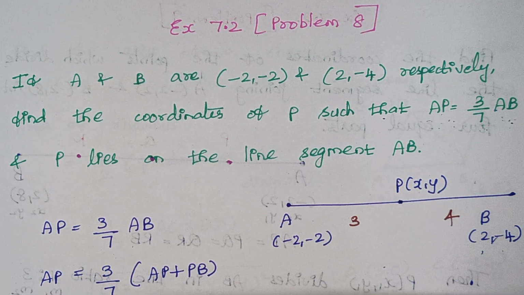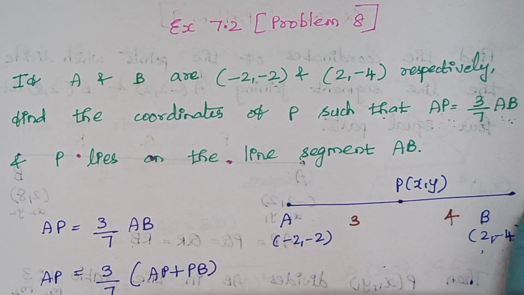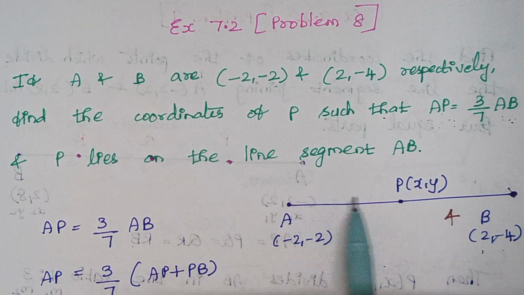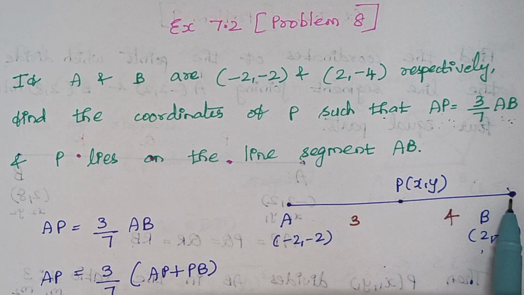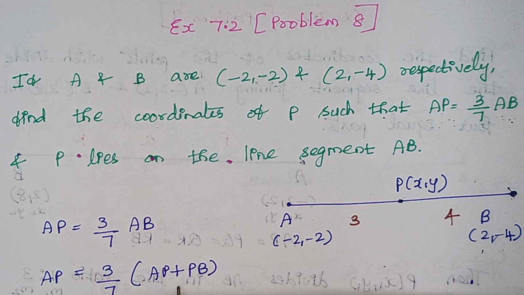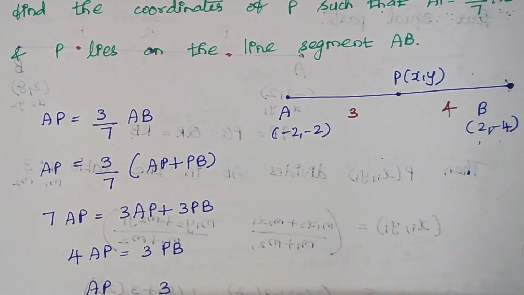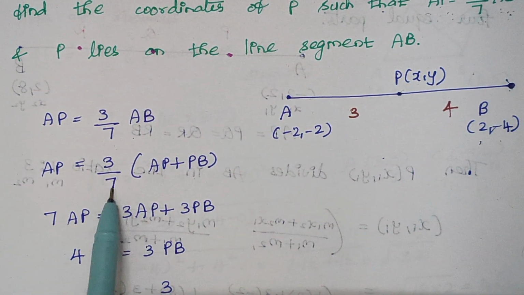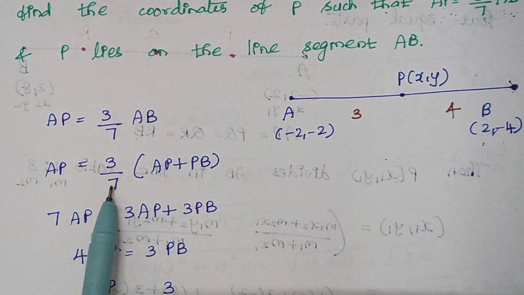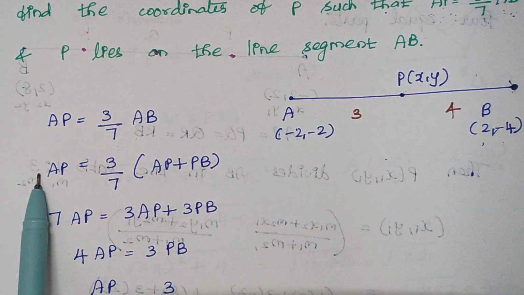When you look at this diagram, this is our point B, AB can be written as AP plus PB. Now we are going to make some arrangements. I am moving the 7 to the left hand side, so this denominator 7 becomes a multiple over here.